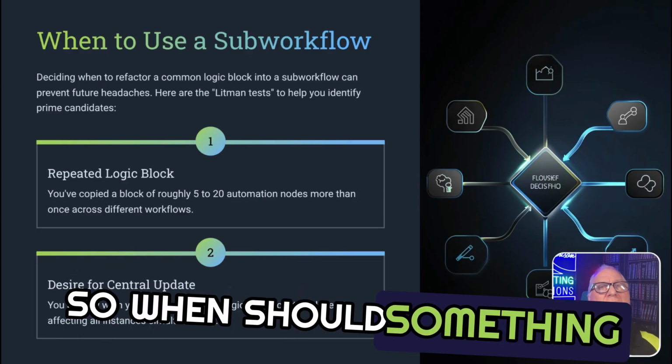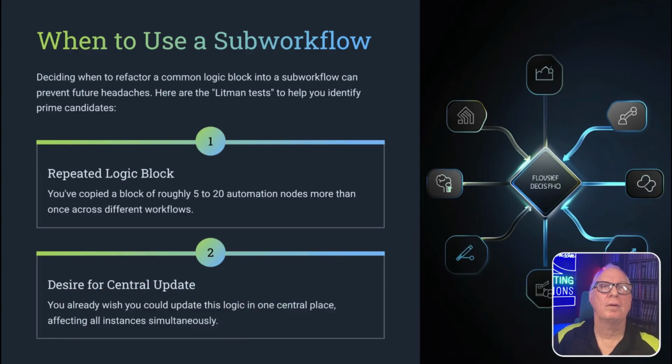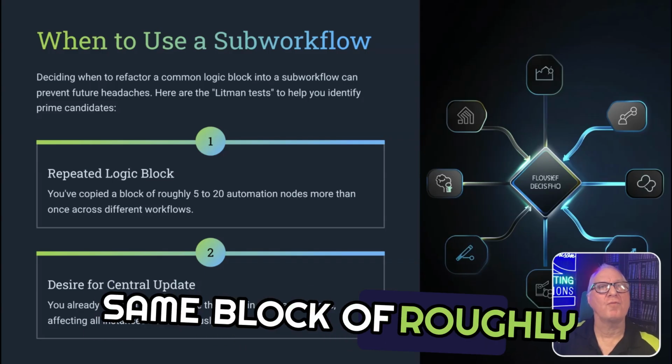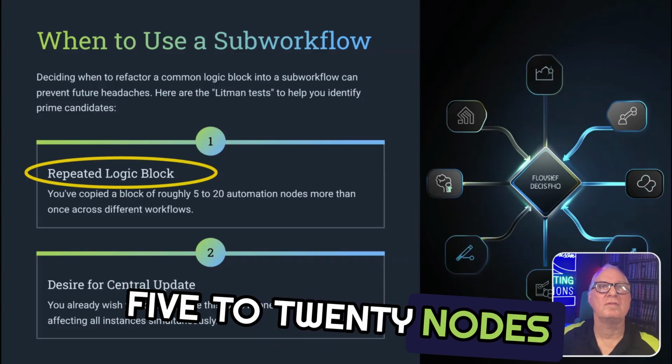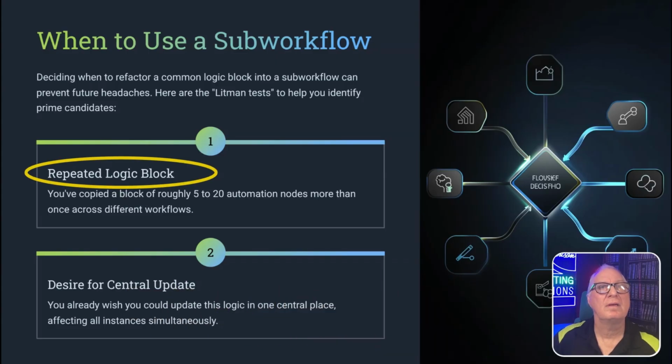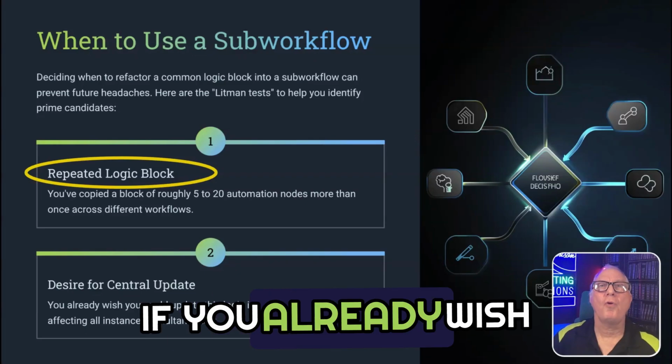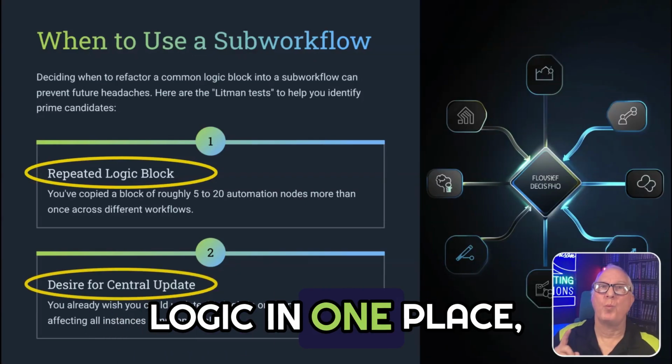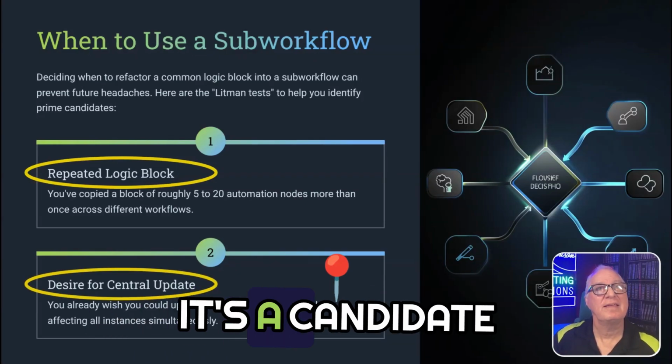So when should something become a sub-workflow? Here's the litmus test I use. If you copied the same block of roughly 5 to 20 nodes more than once, it's a candidate. If you already wish you could update that logic in one place, it's a candidate.